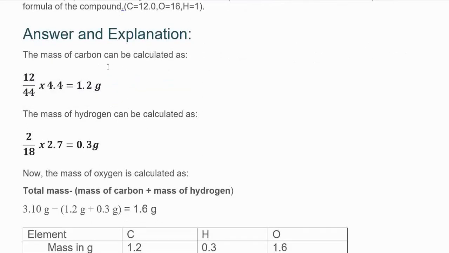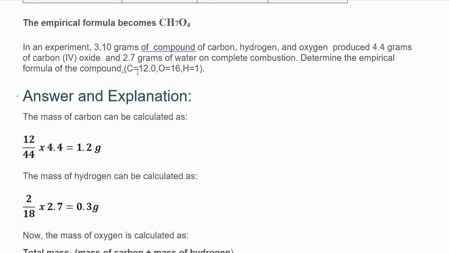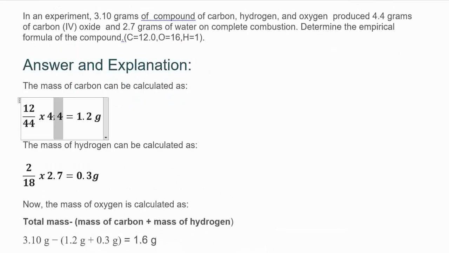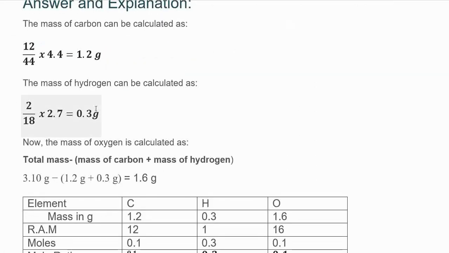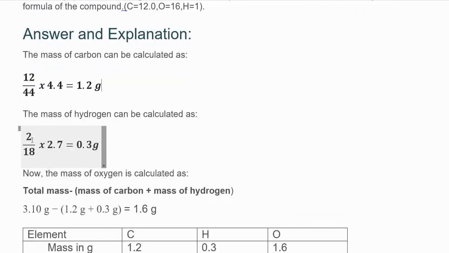So the mass of carbon, like we have done the rest, we get the mass of carbon from the total mass of carbon dioxide, and the mass here is 4.4, so we multiply, we get 1.2. The mass of hydrogen here is 2 over the total times 2.7.